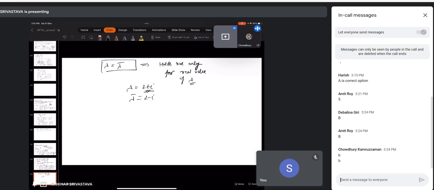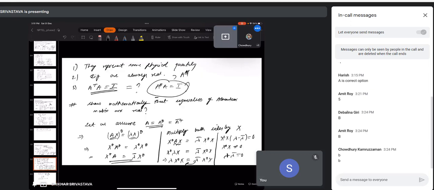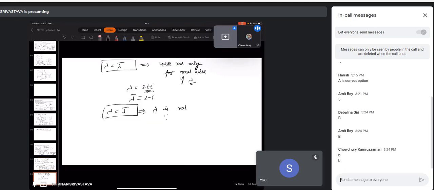But if lambda is real, then they are equal, and hence this proves that lambda is real, not complex, under the initial assumption that the matrix is Hermitian. So for a Hermitian matrix, lambda is always real. This way, mathematically you can prove that for a Hermitian matrix, lambda is always real.